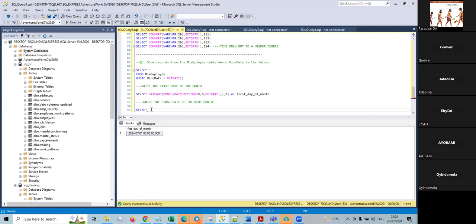Again, this starts with select. Then again, our date add, comma, month. Interval is 1, next month so 1.